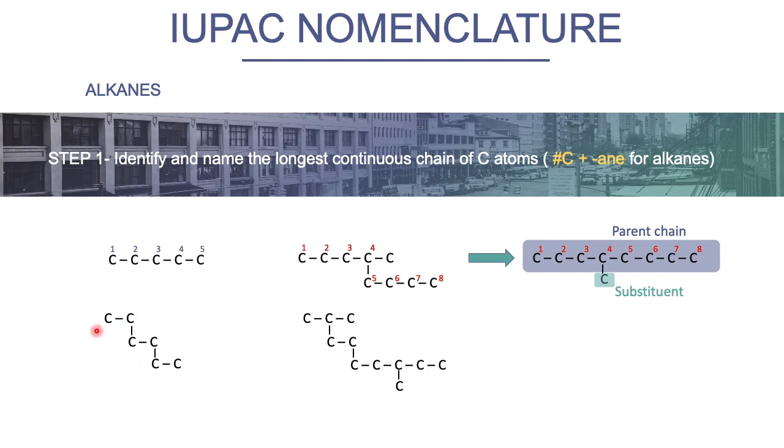If you notice here, these chains are in a continuous form. So this itself is the longest chain, and there are no substituents attached to it. Moving on to this example. So here if you see, it is 1, 2, 3. And then you have 1, 2, 3, 4, 5, 6, 7, 8 or 7, 8, 9.